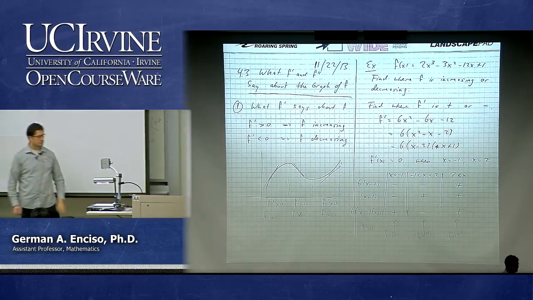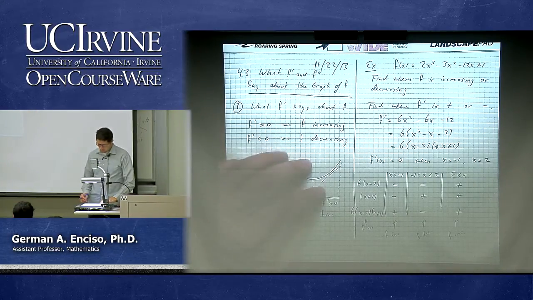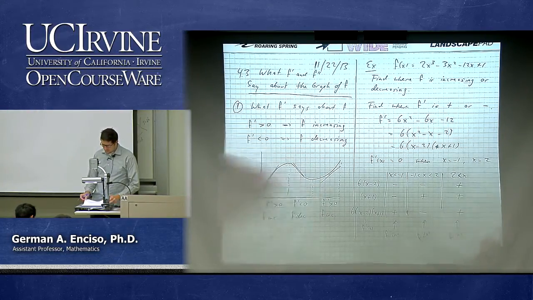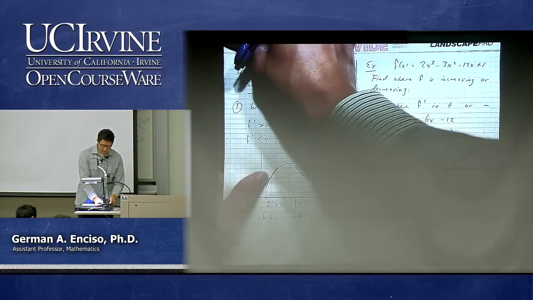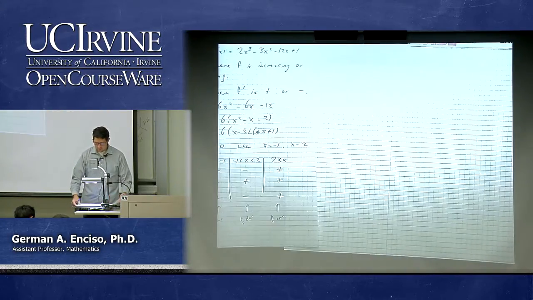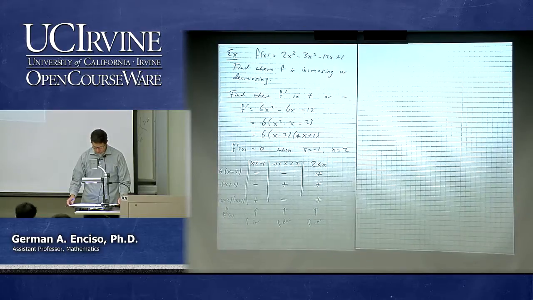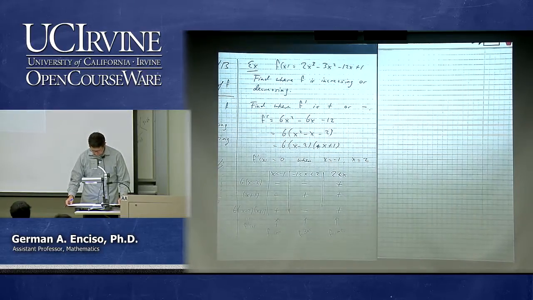Great. Okay, so that's the first part. That's really the basic information you can get if you know the derivative of the function. You just look at when it's positive and when it's negative.